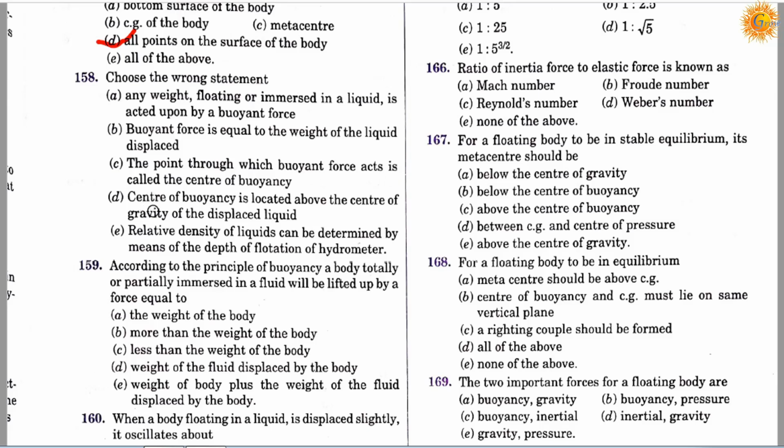Option D, center of buoyancy is located above the center of gravity of the displaced liquid. Option E, relative density of liquids can be determined by means of the depth of flotation of a hydrometer. So the correct answer is D. Center of buoyancy is located above the center of gravity of the displaced liquid.